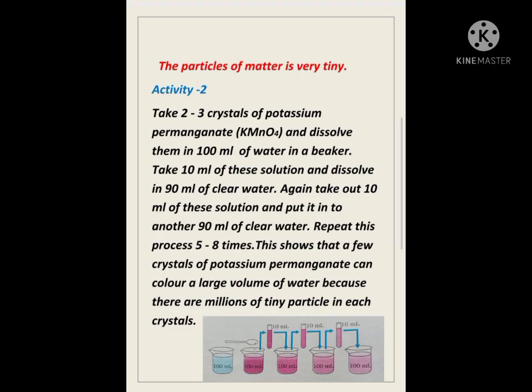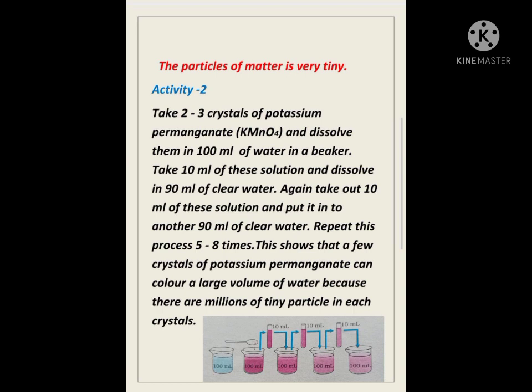The particles of matter are very tiny. Activity number 2. Take 2 to 3 crystals of potassium permanganate, KMnO4, and dissolve them in 100 ml of water in a beaker. Take 10 ml of this solution and dissolve it in 90 ml of clear water.